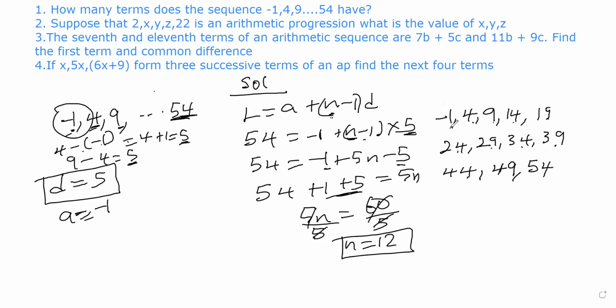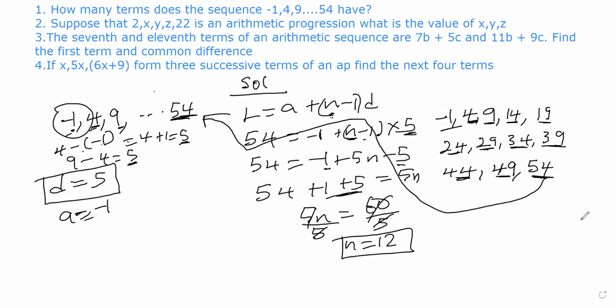So let's count: 1, 2, 3, 4, 5, 6, 7, 8, 9, 10, 11, 12. You can see that our 12th term was 54, which is the last term.